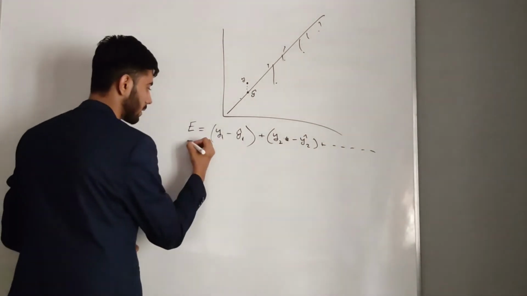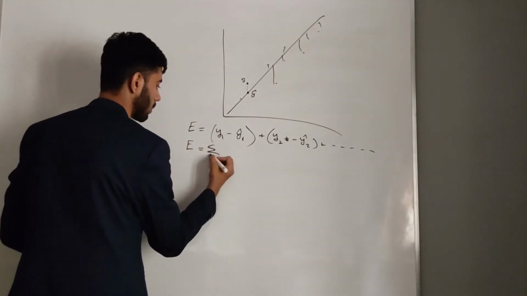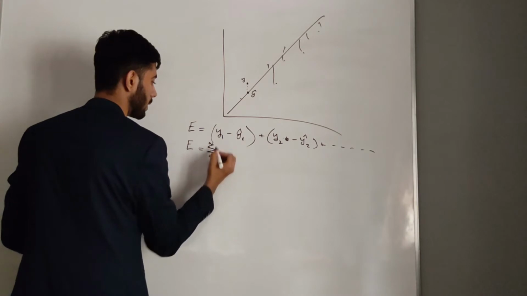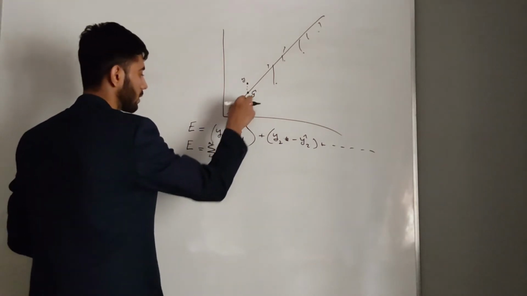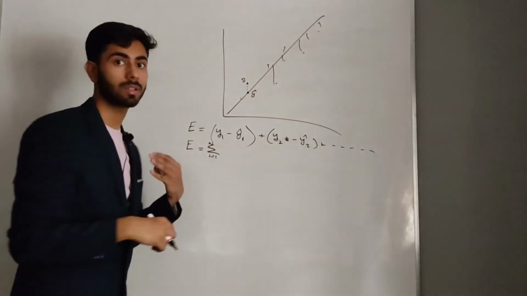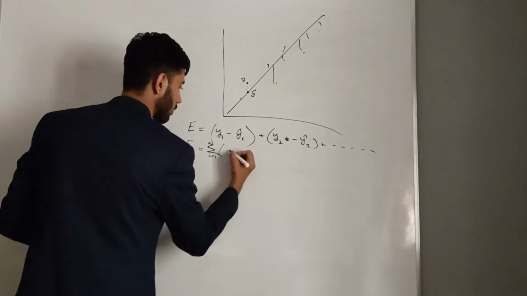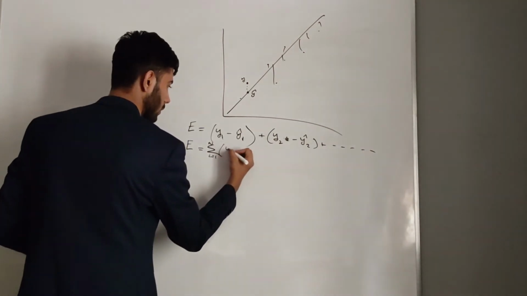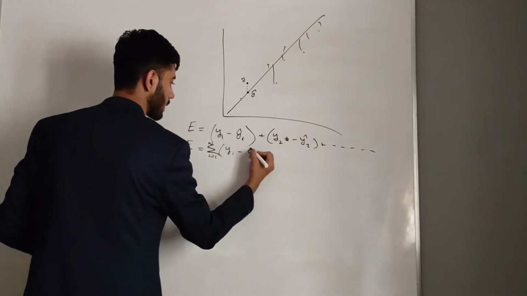So I'm going to write my error function as E = summation from i = 1 to n, where i = 1 is my first data point and n is my last data point. I have to calculate the sum from the first to the last data point, and I'm going to write it as yi - yi cap.